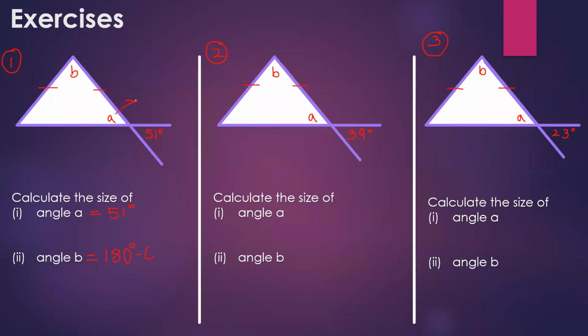Very good, because this is 51 degrees because they are vertically opposite, and because it is an isosceles triangle, this one is also 51 degrees. So it's 51 plus 51. What is 51 plus 51? 102. And 180 minus 102 is what? 78. Very good.